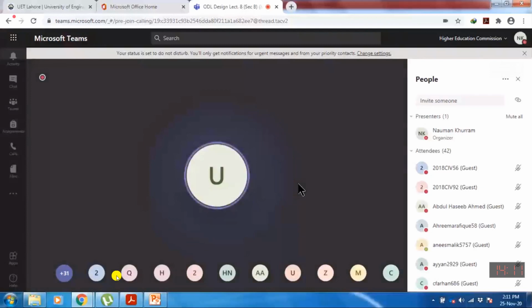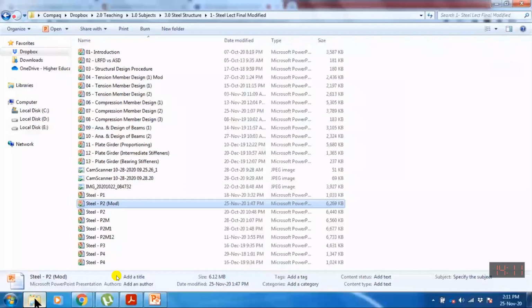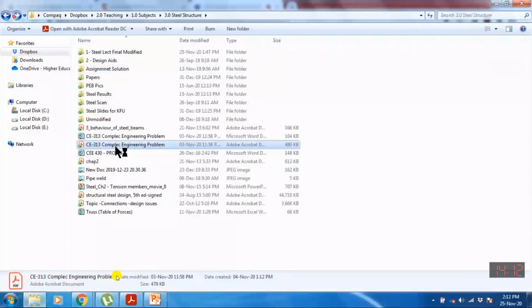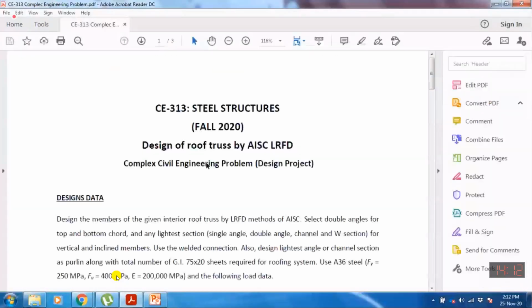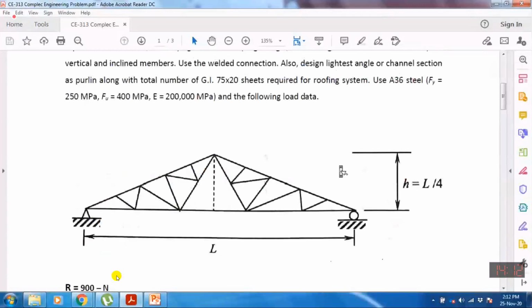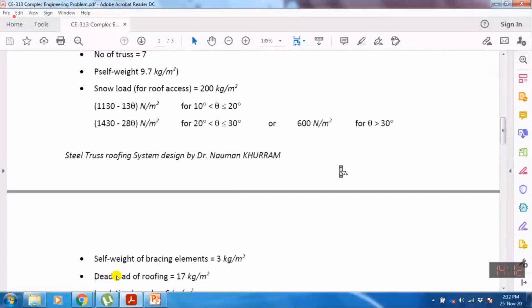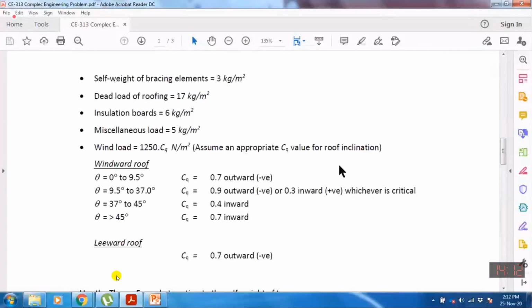I have already given you the data and assigned it, okay? For this task, I have given you the values and I have already specified the loads for your truss system.